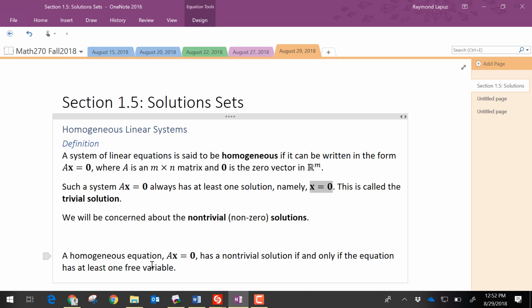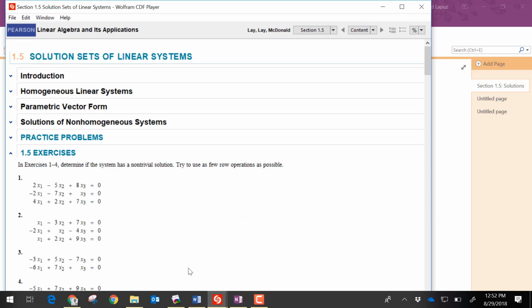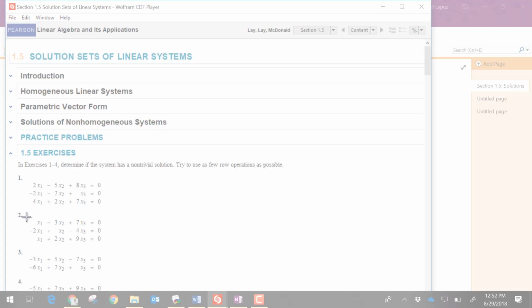All right. So let's see an example. For this, I'm just going to pull out the book and borrow some examples from the book.